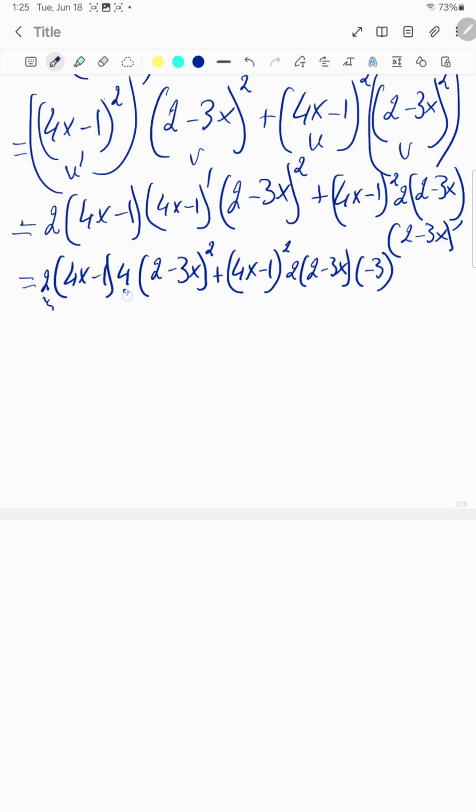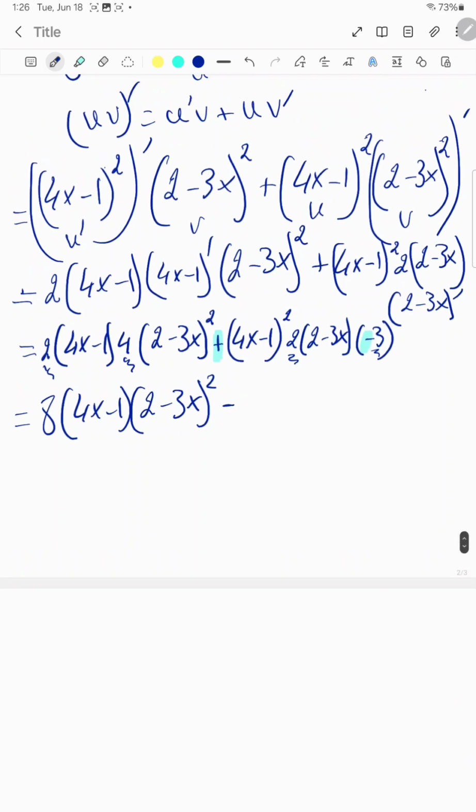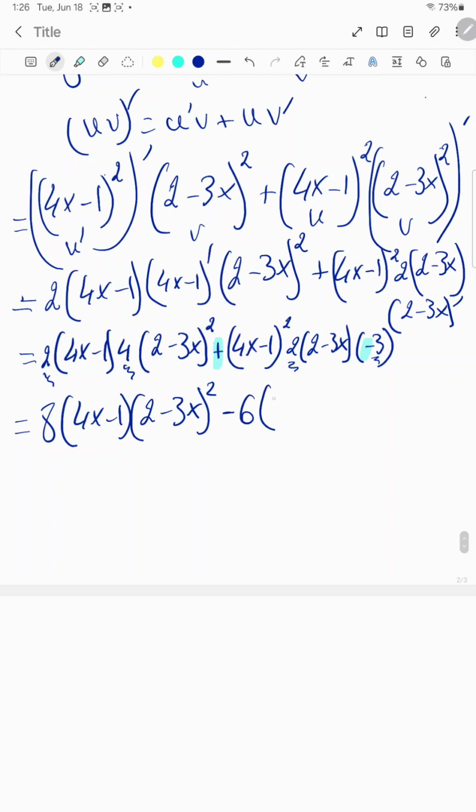So now here 2 times 4 is 8: 8(4x minus 1) times (2 minus 3x) squared. And here I have this plus times this minus, which is minus. So I put minus here, and 2 times 3 is 6, so minus 6(4x minus 1) squared times (2 minus 3x). And that would be the final answer.